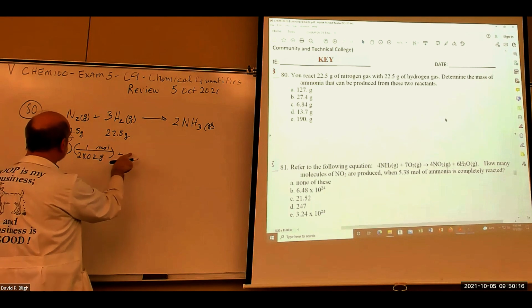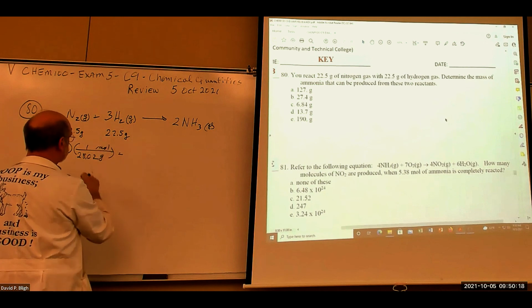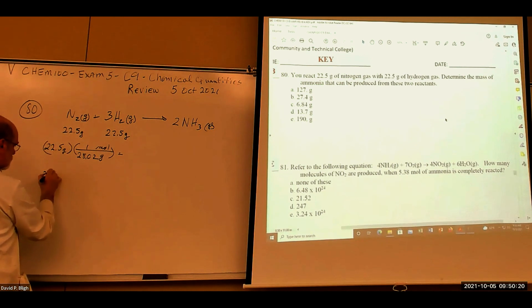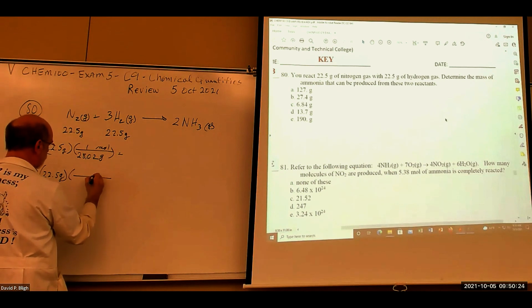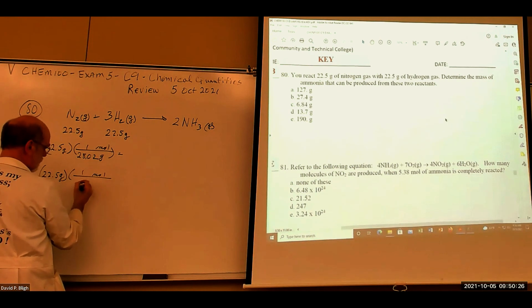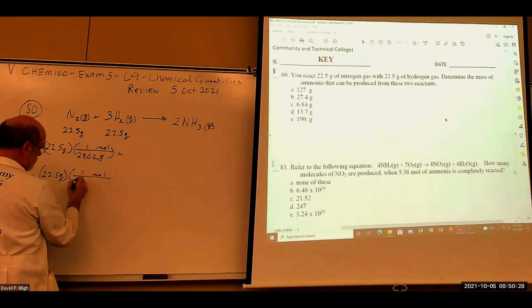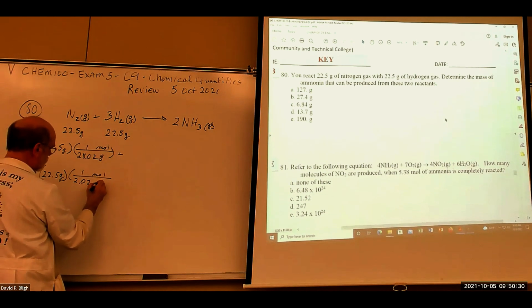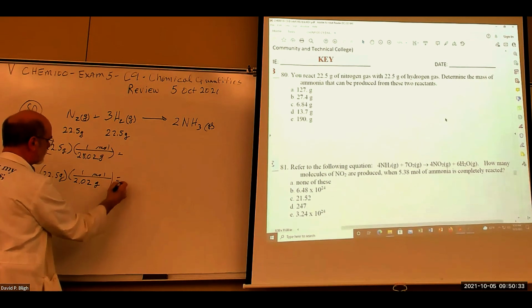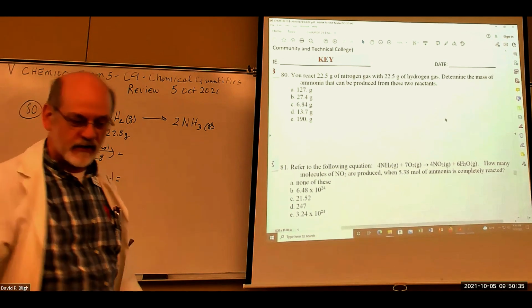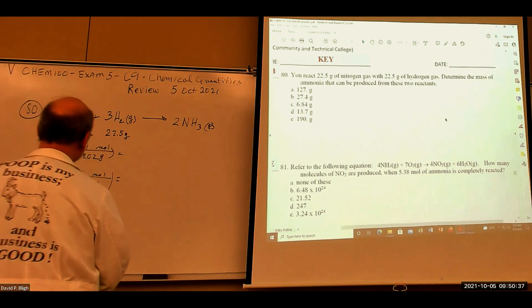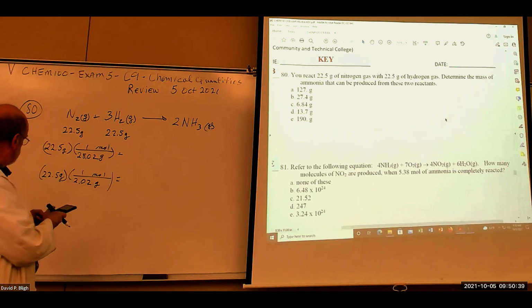So that'll be the moles of nitrogen. Moles of hydrogen would be 2.02 grams per mole. Okay, so now we can do those calculations, find out how many moles of each reactant we're given.